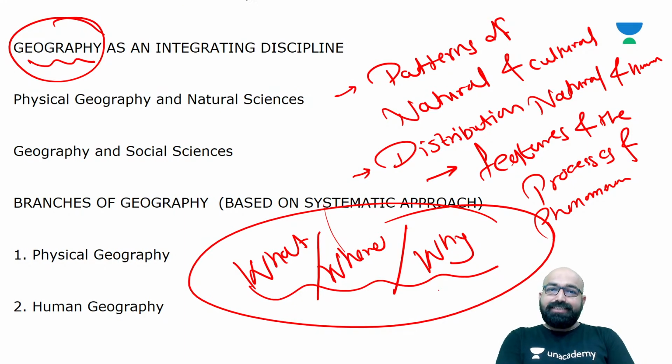So all the sciences, whether natural or social, have one basic objective of understanding the reality. Geography attempts to comprehend the associations of phenomena as related in sections of reality.